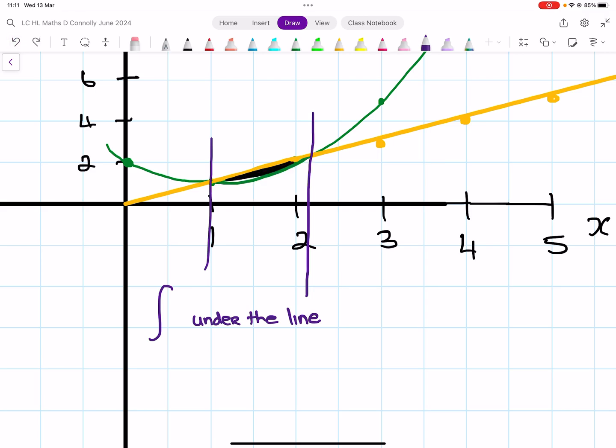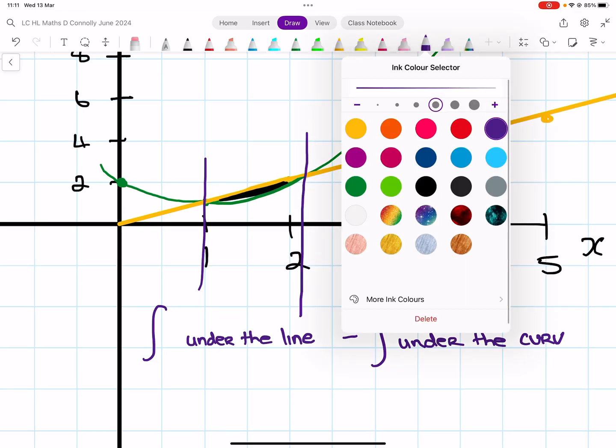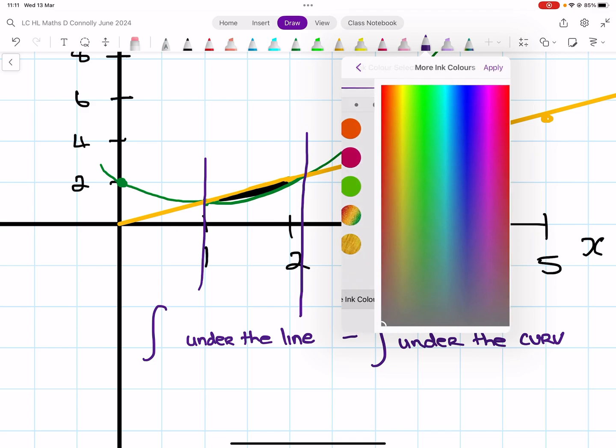And then if you integrate under the curve, I'll try to make this really light.